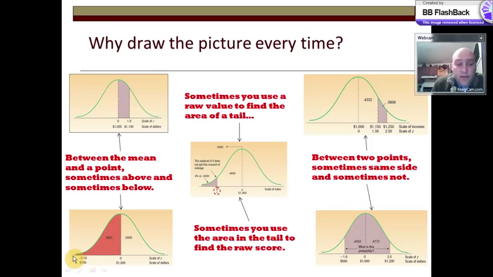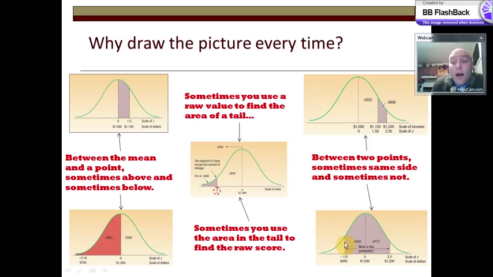Maybe we want to find the area just in this little tail, not the body. Maybe we need to get this sliver between two chunks. The table is only going to give me that amount as well as that amount, in other words, the area captured between 0 and 250 and the area between 0 and 150. In order to find this sliver, we need to subtract them.